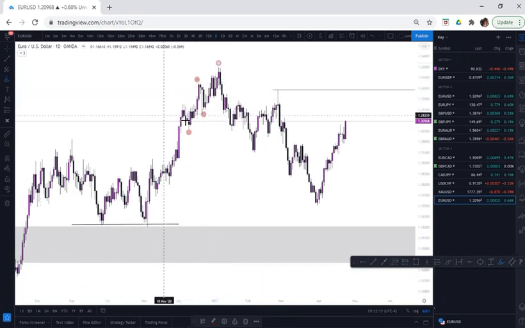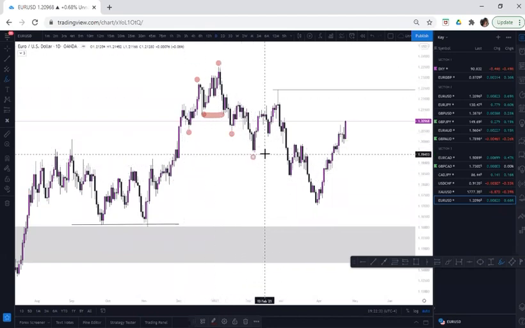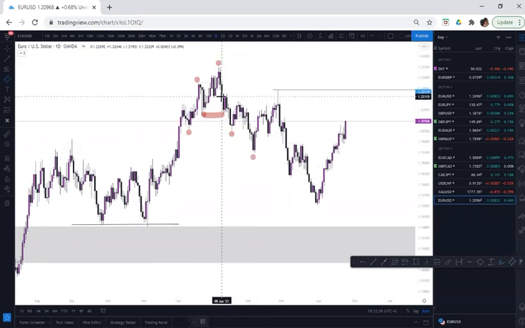And then we got a break of structure here. That's on the daily, this was a daily break of structure, right? So we made a lower low, and we went ahead and made a further lower low. Now that range structure we were taught, this is an example of a range structure here.